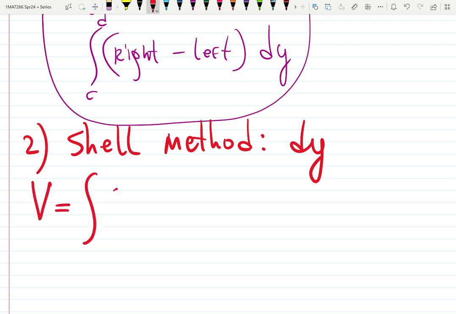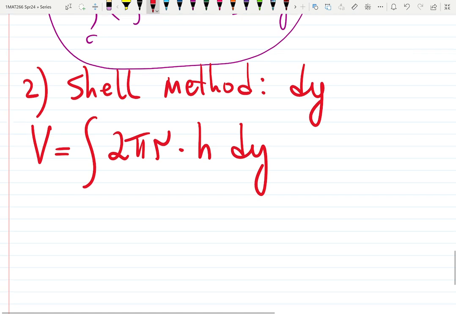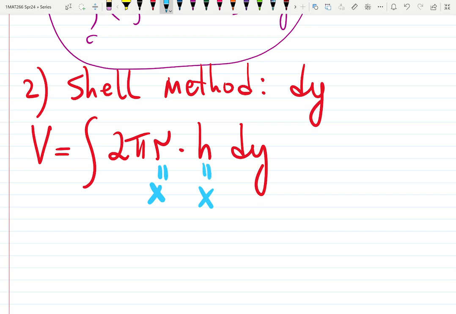Volume is 2 pi r h dy. And everything is in terms of y. So it's going to be x equals r and x equals h, but y equals c and y equals d. Everything should be in terms of y inside of the integral. So the moment you know the method and you know the case of it, formula follows from there.